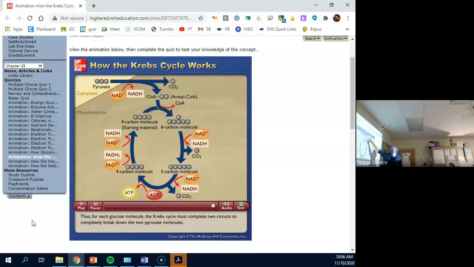And we are just gradually shaving off CO2s, right? CO2 comes out here, CO2 comes out here, CO2 comes out here. At that point, you've basically broken down the pyruvate. If you think of the pyruvate as a 3-carbon molecule, boom, boom, boom, and we're done.